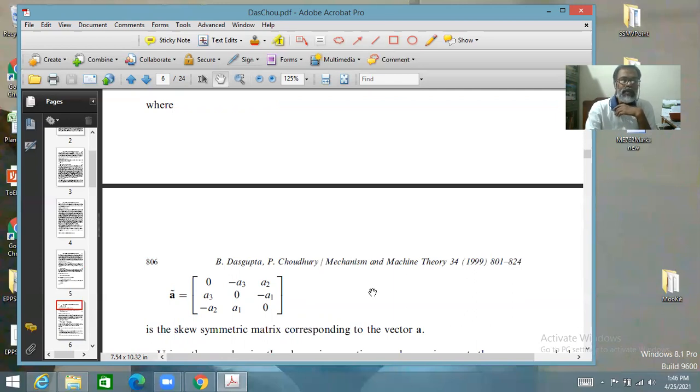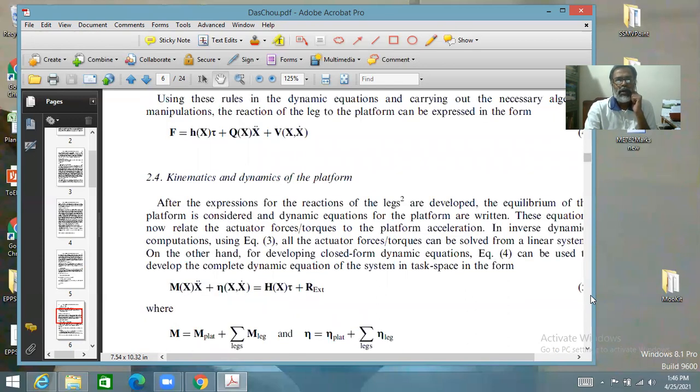Now, with these two or three rules in the background, we go to the final point, which is the kinematics and dynamics of the platform, from which we get the dynamic equations in this form. Here Mx is the total inertia matrix, which has a component from the platform and a component from each leg.